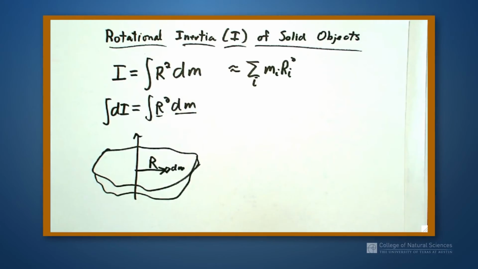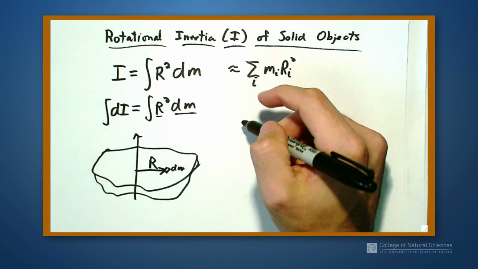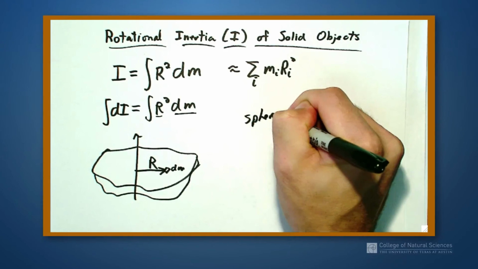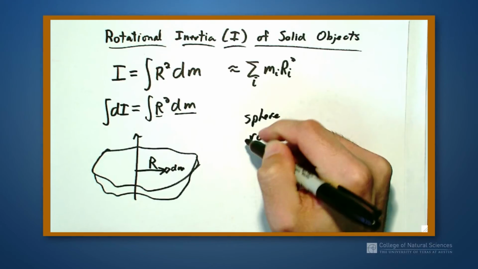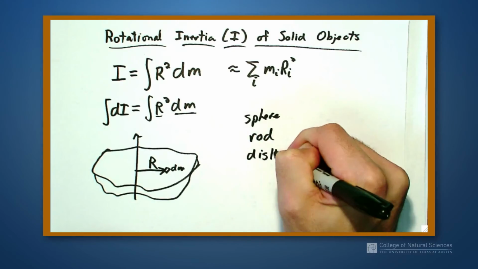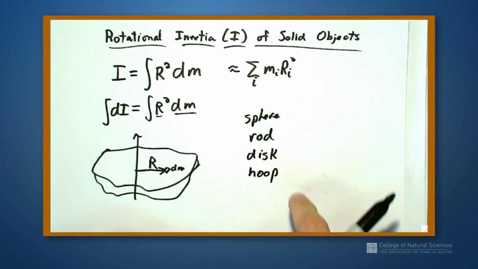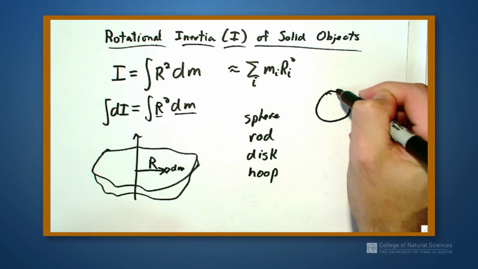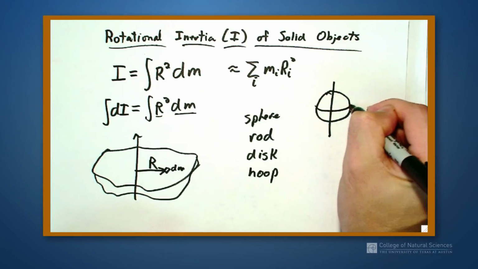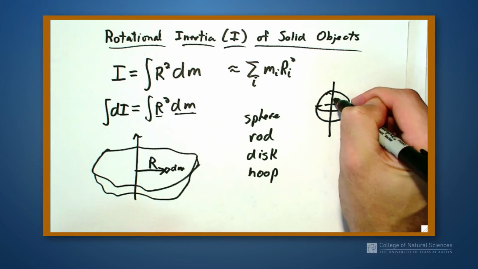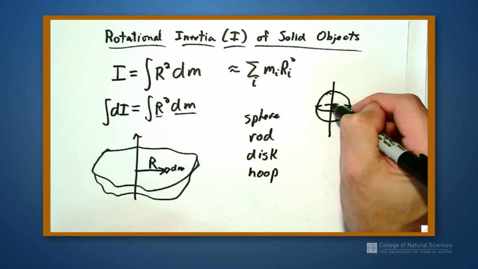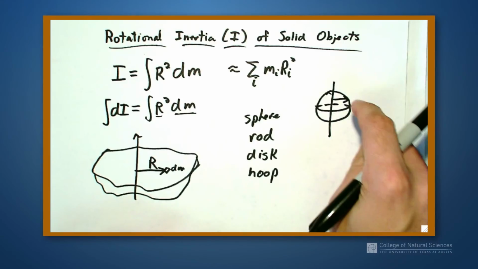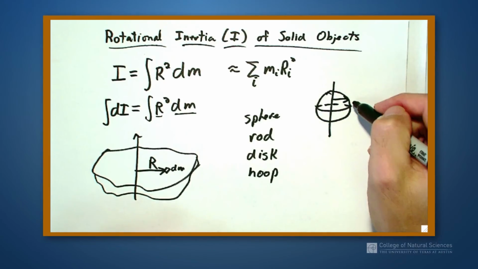But we can use our idea of calculus with some of our standard shapes, like a sphere, or a rod, or a disc, or a hoop. All of these are nice symmetric shapes, right? From an axis of rotation, we know where these points are, and we can actually describe this using math.